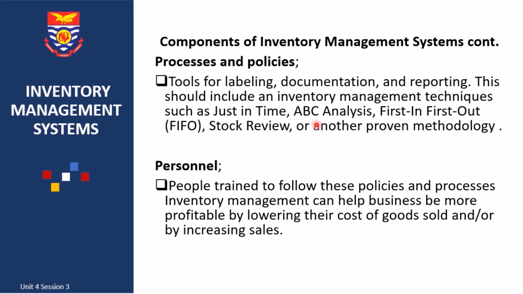ABC analysis helps organizations to manage their warehouse and reduces walk-in time so that fast-moving goods are stored at a given point that is closest to the entrance of a warehouse, medium moving goods are stored in the middle, and slow moving goods are stored farther away, so that the warehousing officer does not spend a lot of time moving around the warehouse just to look for a particular product. That is one criterion for using ABC analysis in the warehouse.